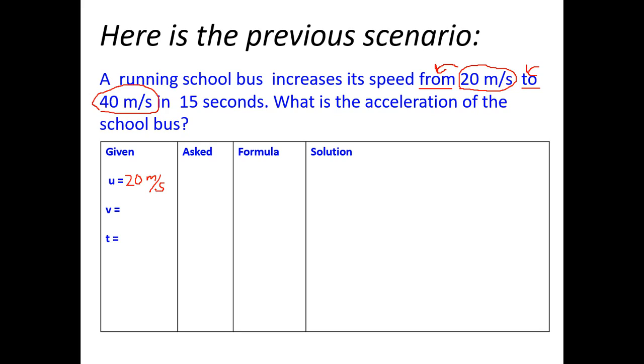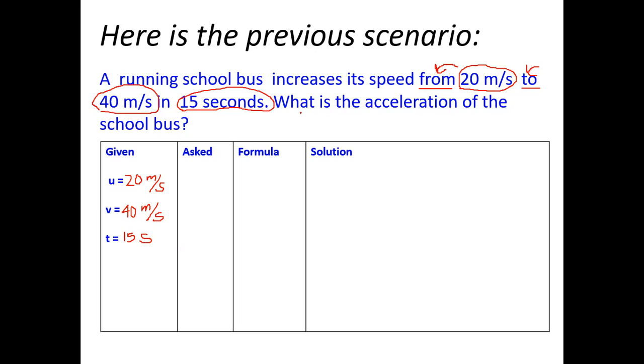That is your beginning velocity. And your final velocity is 40 meters per second. What about 15 seconds? That is just your time. So time is 15 seconds. Now we have completed the given.